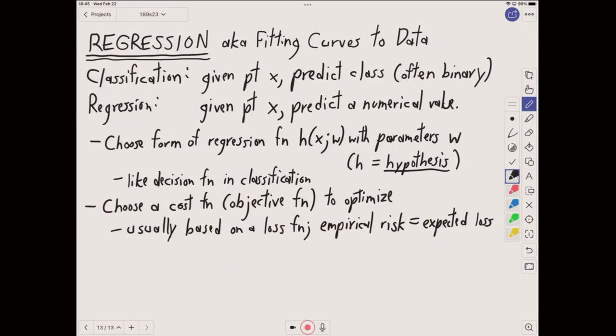So now let me lay out some of the options. I want to lay out a menu for you of what loss functions you can choose, what cost functions you can choose, and what regression functions you can choose. Oops, wrong order. Regression functions first.